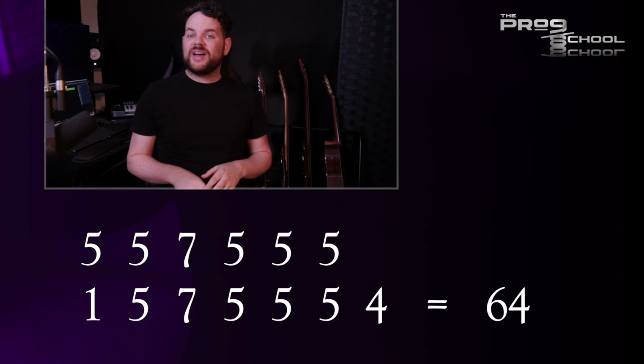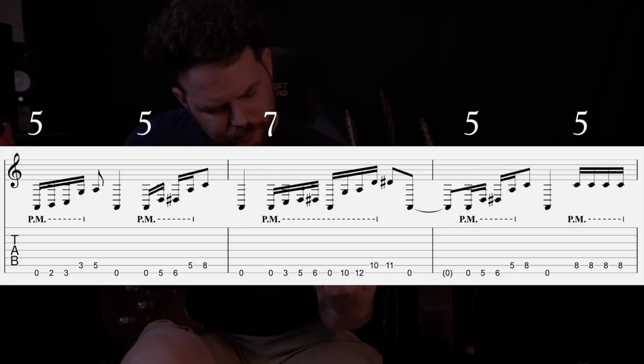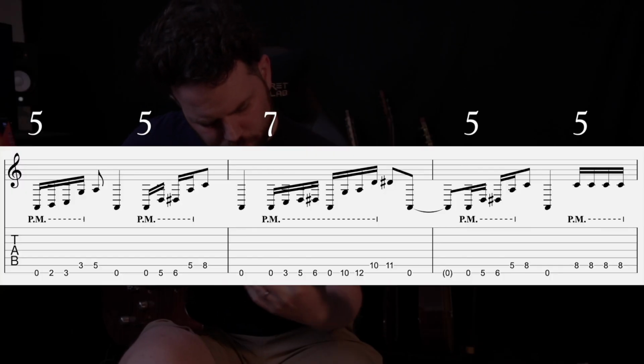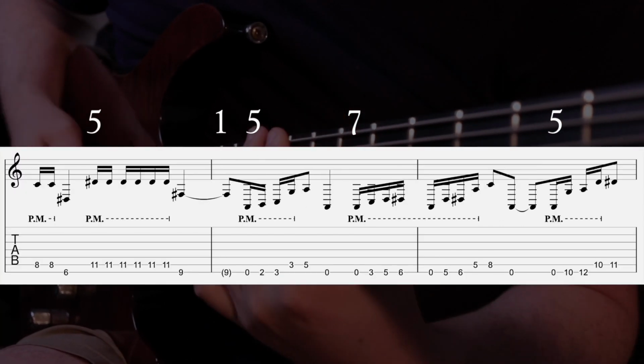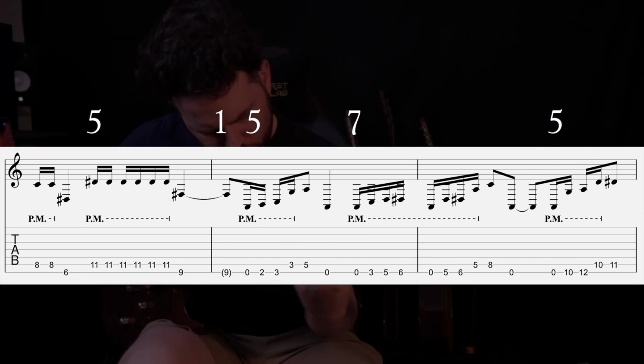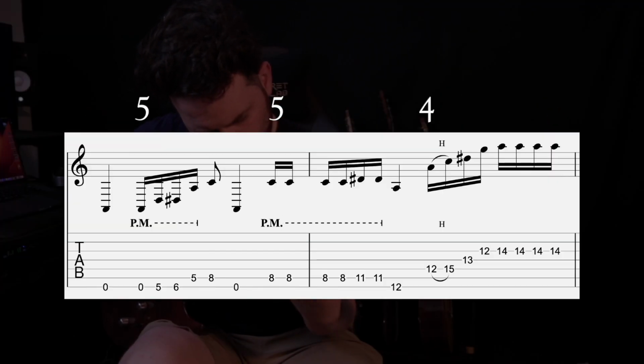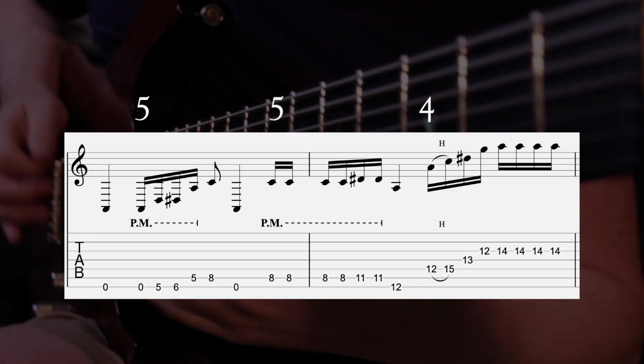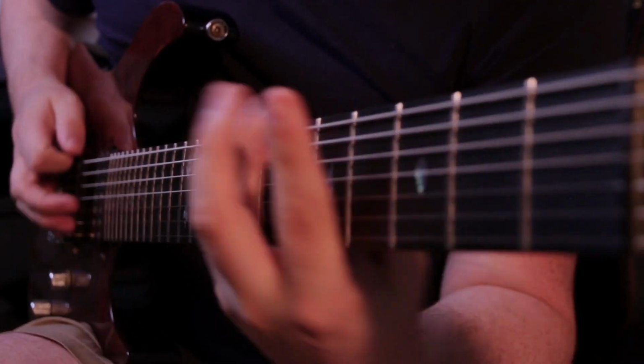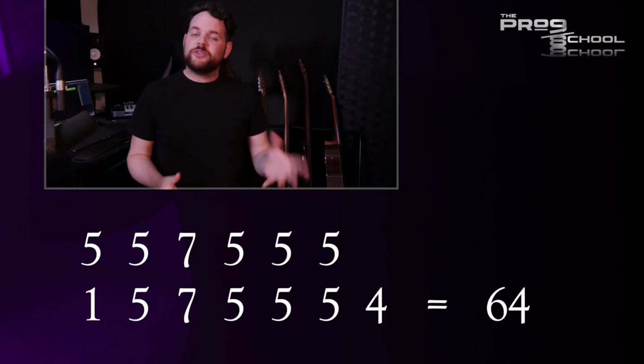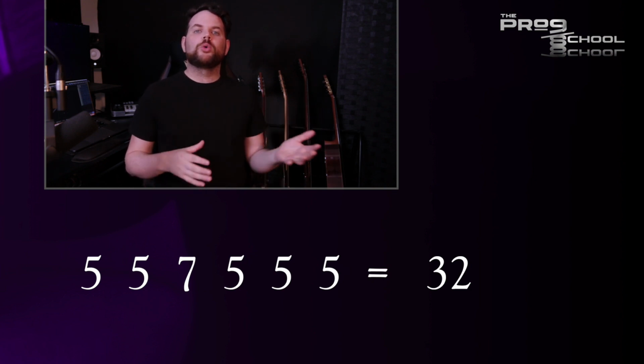The pattern here is 5 5 7, 5 5 5, 1 5 7, 5 5 5 4. Let me break this down so it's a little easier to understand. This riff is really split into 2 parts, the first being 5 5 7, 5 5 5, which equals 32 or 4 bars of 4/4.